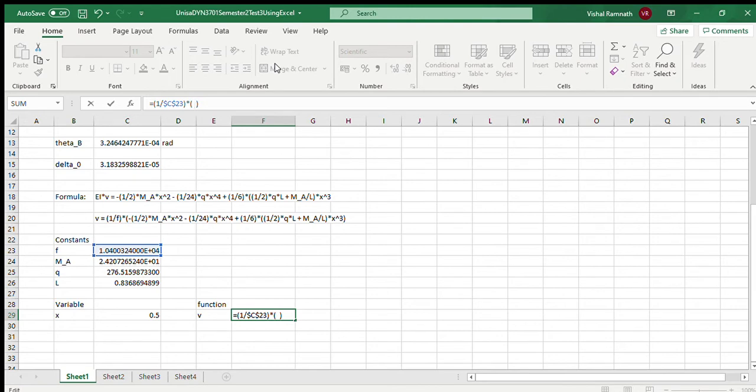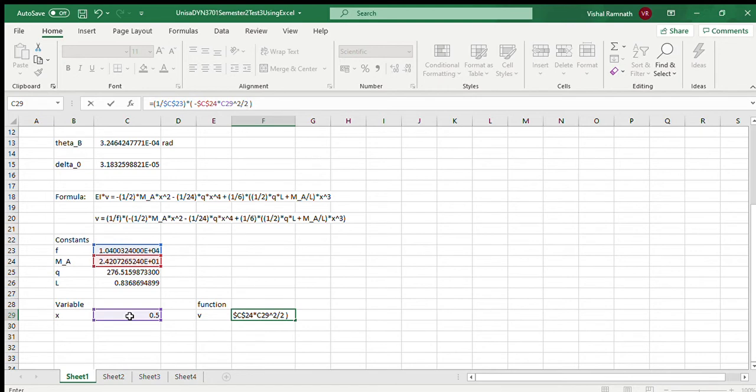So that would be minus MA, which is $C$24, times the X value squared, divided by 2. So that would be minus a half MA x squared.